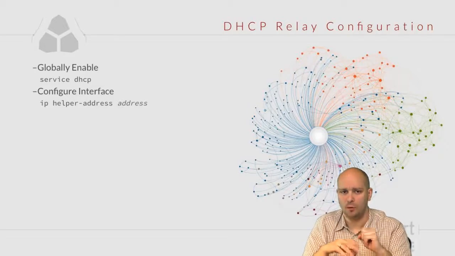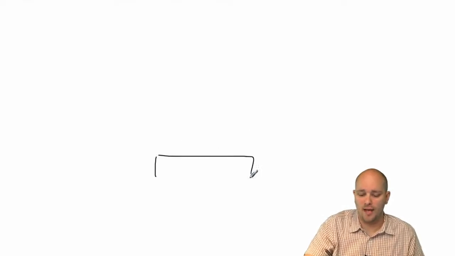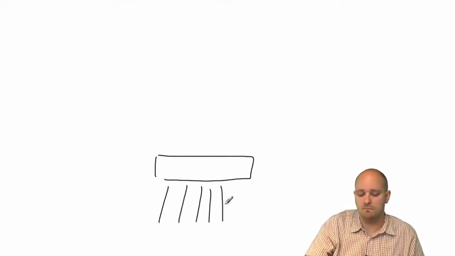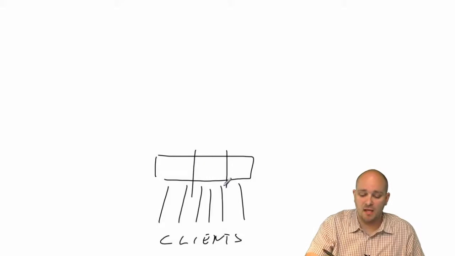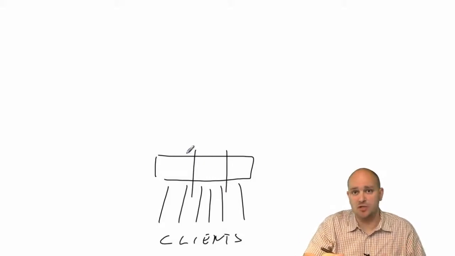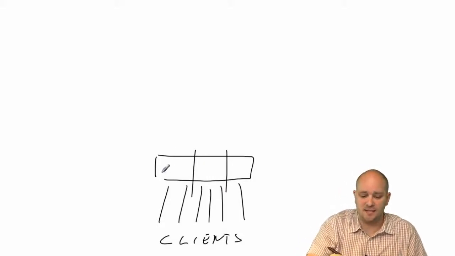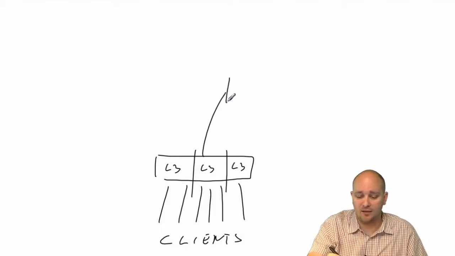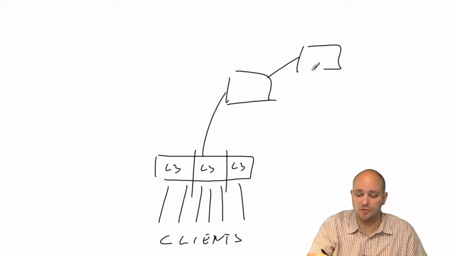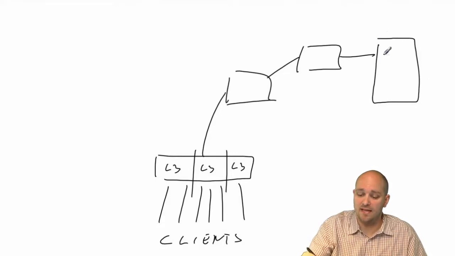Let me show you on the whiteboard what I actually mean by this. Let's say that we had a network where we had a switch that has relatively many clients connected here. And these clients may be in multiple VLANs. Now, this switch here is also acting as the default gateway. So we have layer 3 interfaces configured here, the SVIs, and somewhere else in the network, behind some other switches, for example, we have the DHCP server.